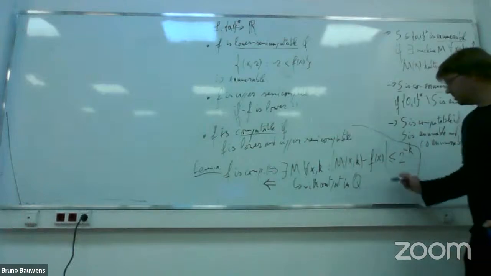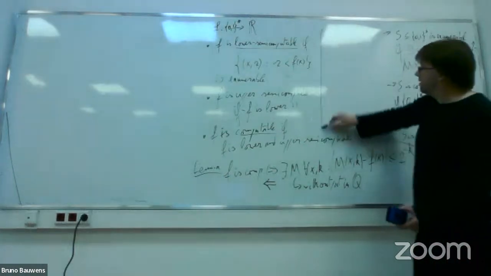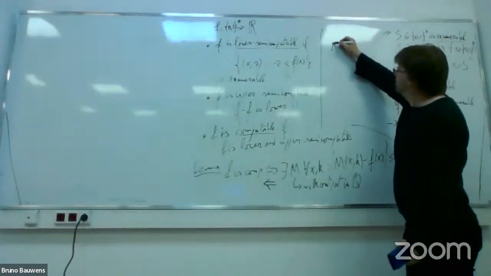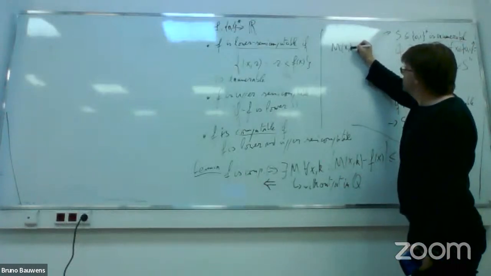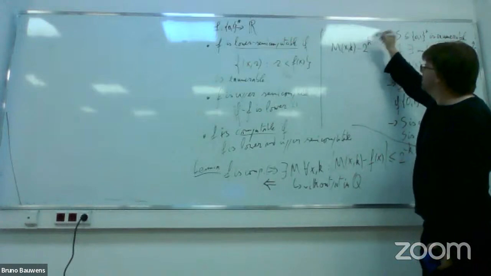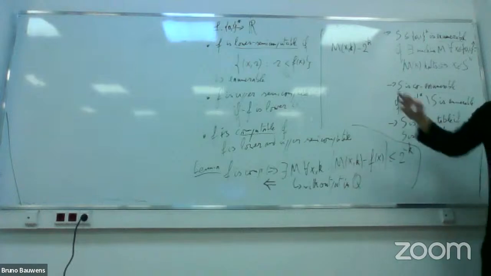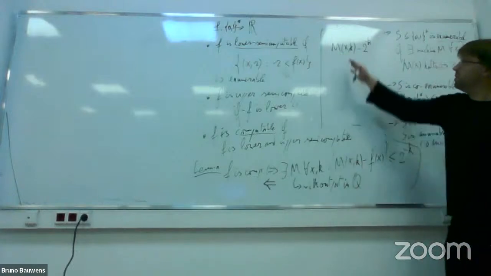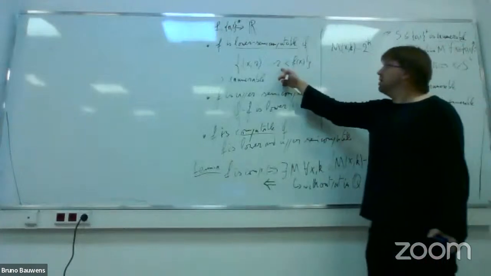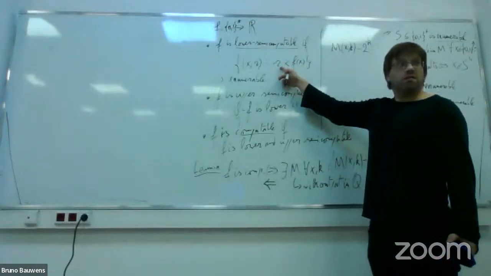Yeah. So let me repeat it. The plan is to evaluate M of x comma k minus 2 to the power minus k. So that's what you're saying. And we will wait until this value becomes bigger than r.